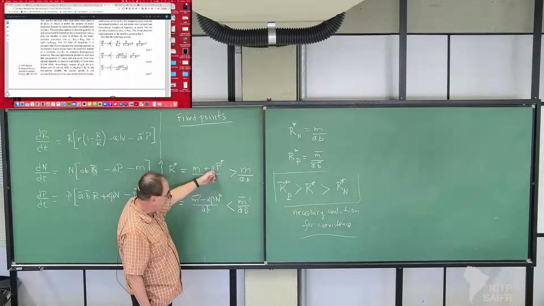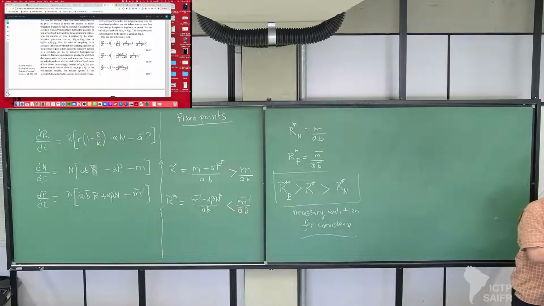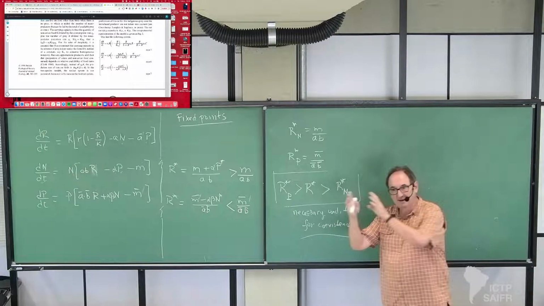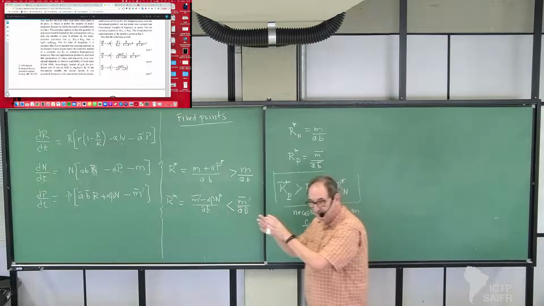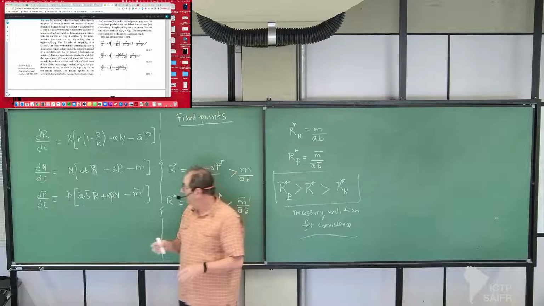Then I look again and remember, yesterday we introduced these R stars. What did we do? We excluded one of them. With no predator, you have an equilibrium between prey and resource, and we calculated the equilibrium value, which is m over AB, which can be seen here also by putting P equal to 0.